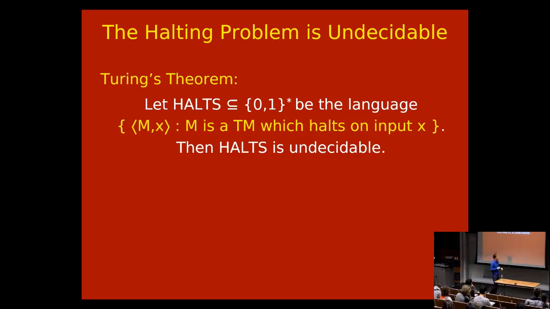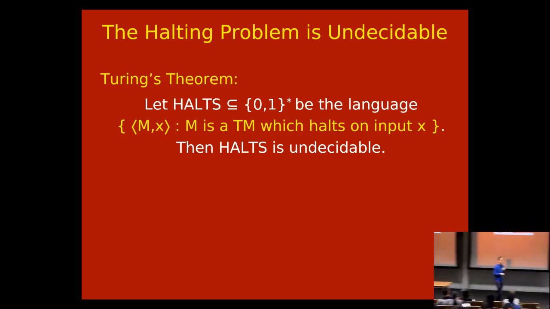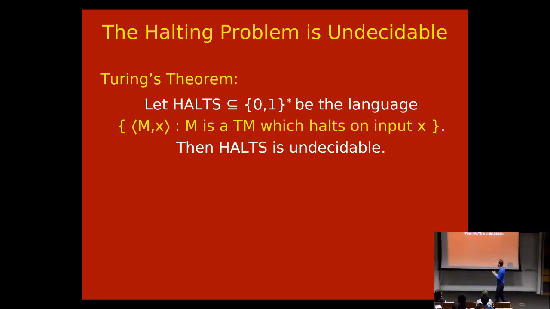And this was a theorem due to Turing. And his famous example of a computational task that you would like to solve, but you cannot, is the halting problem. So to remind you about that, we say HALTS is the language of all strings which encode pairs, a Turing machine M and an input string x, such that M halts when it's run on x.